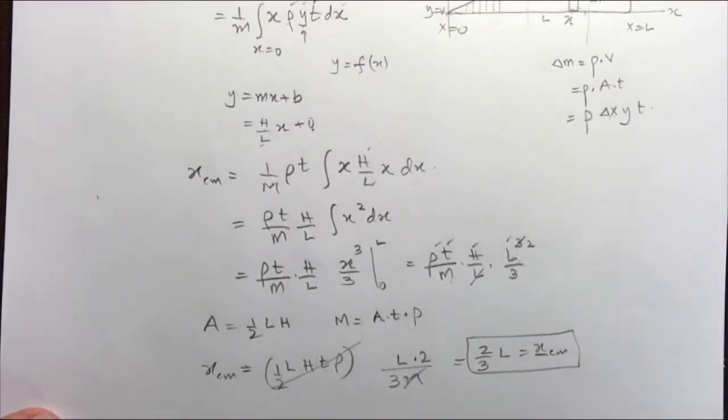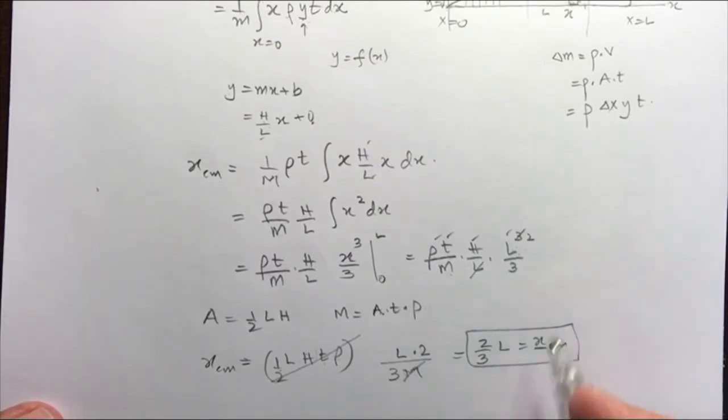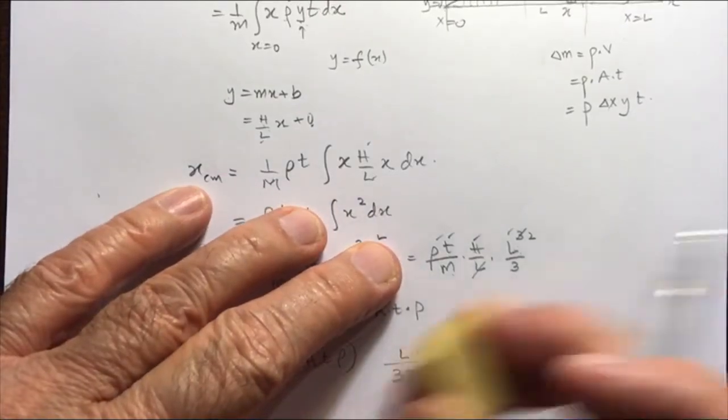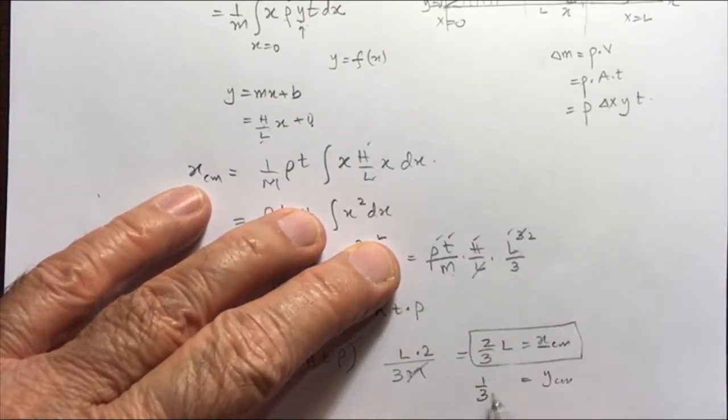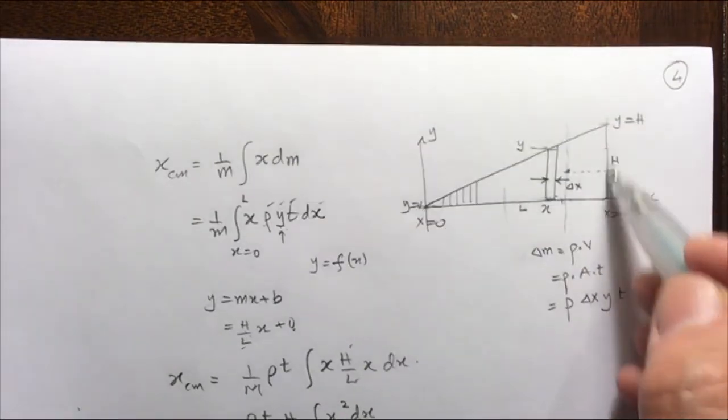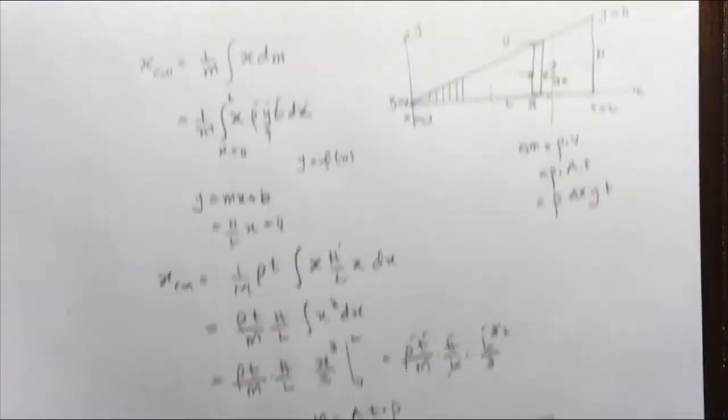So the y center of mass will be 1/3 of H. So that's 2/3 because it's starting from the tip, and it's 1/3 because it's not starting from the tip. It's 2/3 from here.